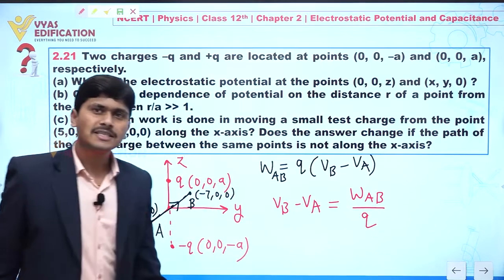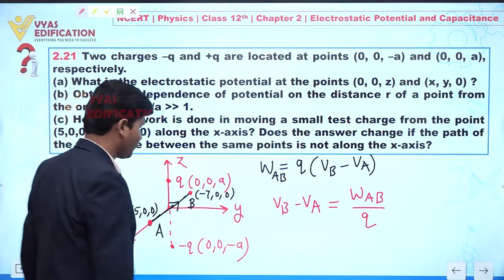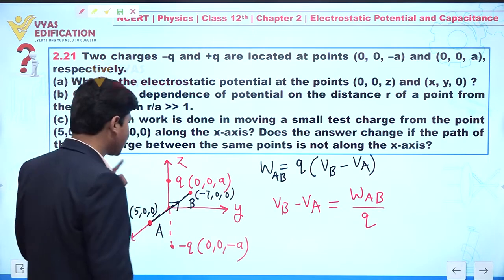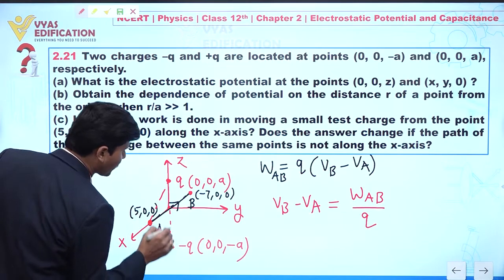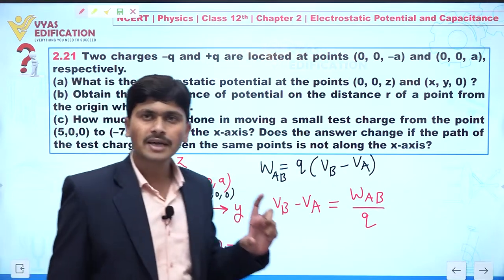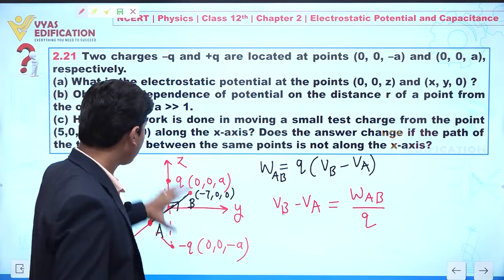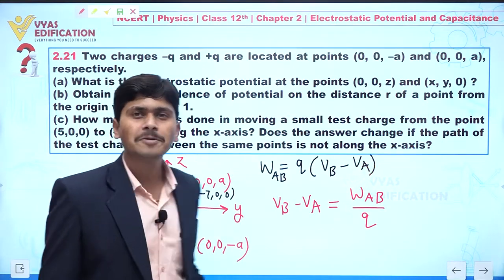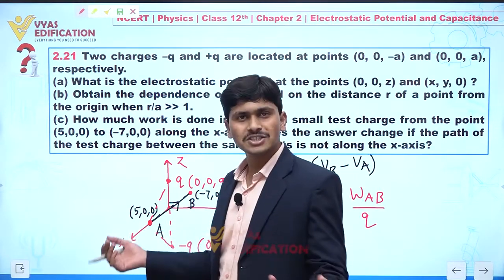Now listen carefully. Point B and point A lie at the same distance from both the charges. It means if we find the total electric potential at point A, it is 0.